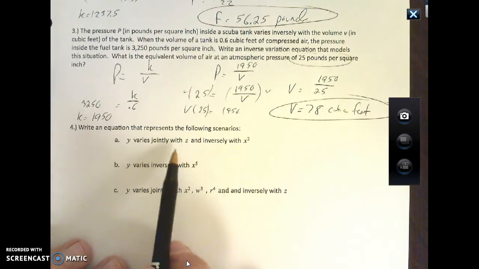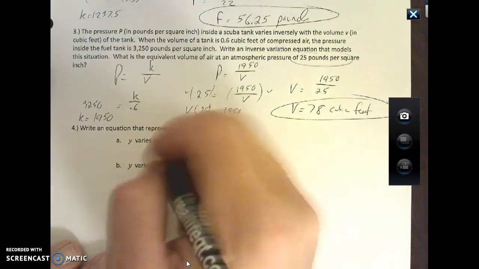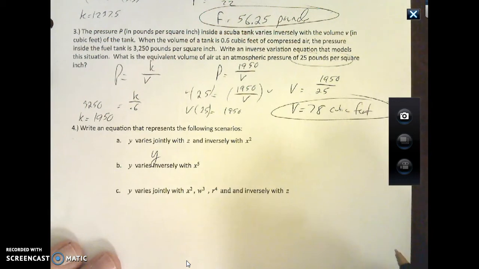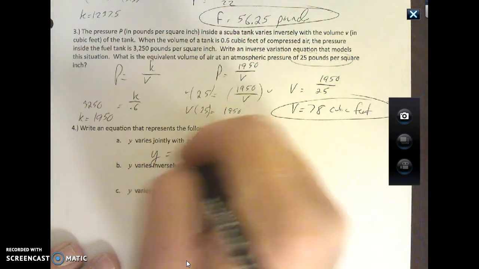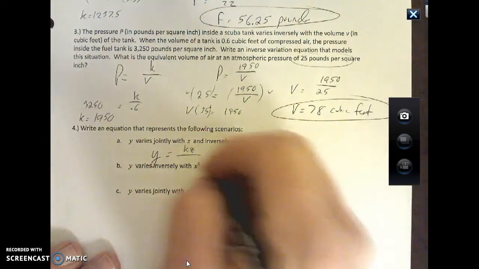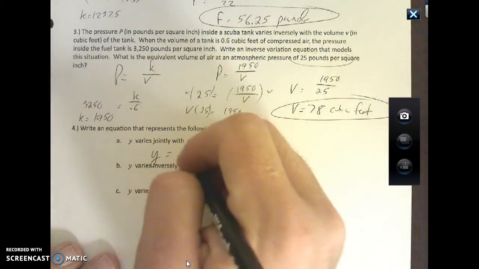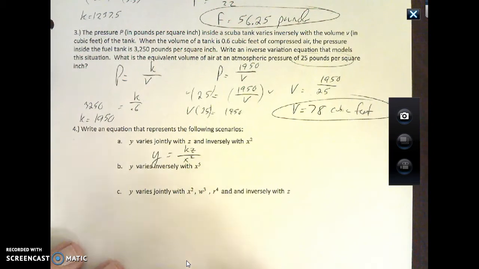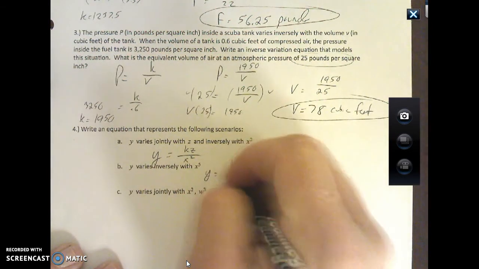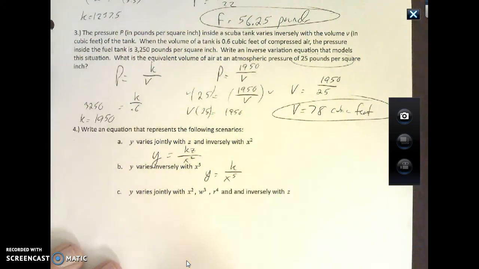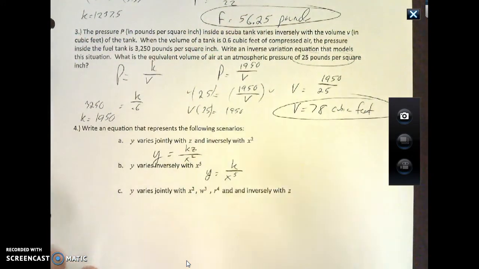Write an equation that represents the following scenarios. Y varies jointly with Z and inversely with x squared. You will always have a K on top. If it says jointly, that stays on top. Inversely means bring it down low. Done. Y varies inversely with x to the fifth: y equals k over x to the 5th. Done.